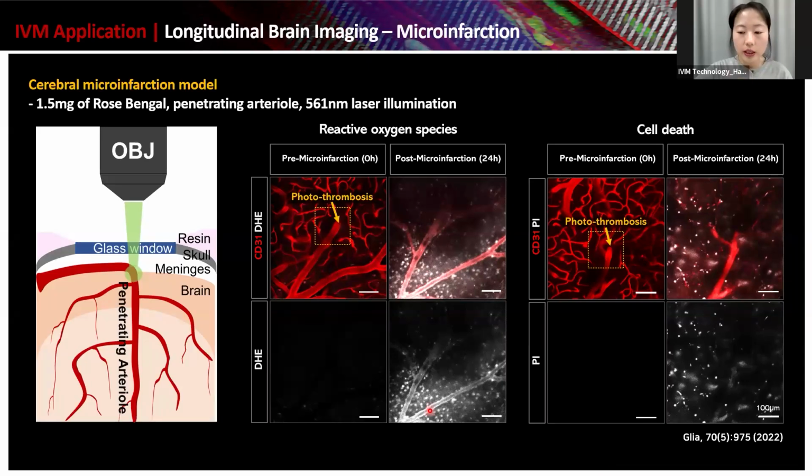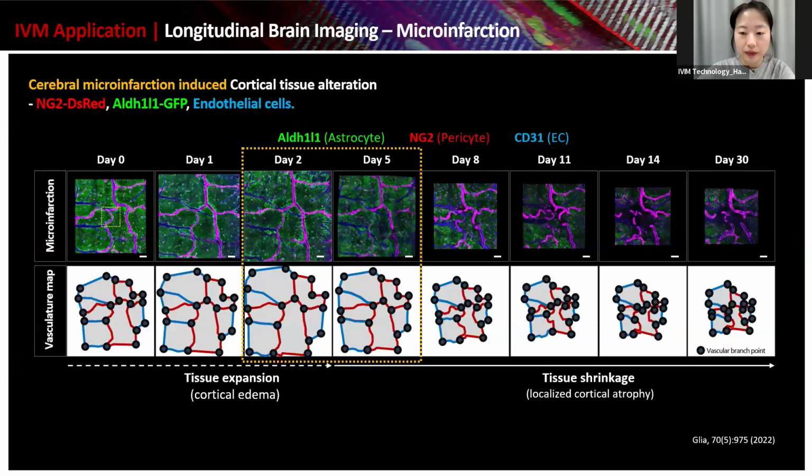In this study, we induced photothrombosis by administering rose bengal and subsequently irradiating the tissue with a 561 nanometer laser. By staining with DHE and PI dye, we were able to visualize reactive oxygen species and cell death, confirming that the photothrombotic injury was successfully established.